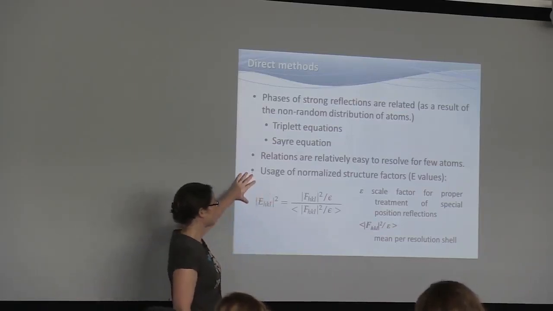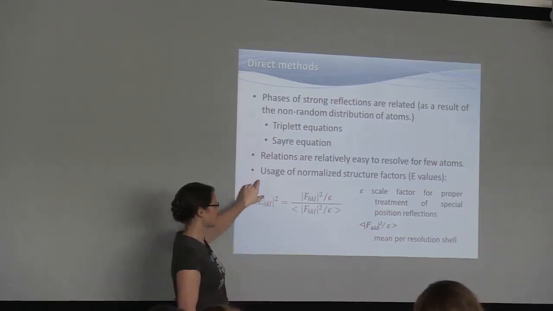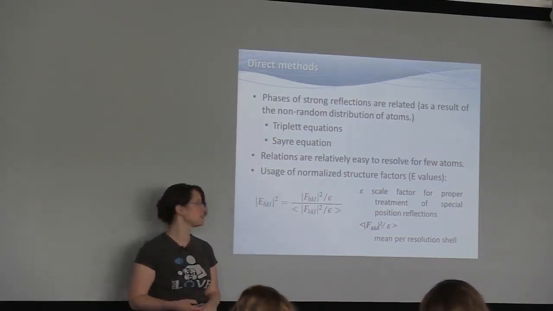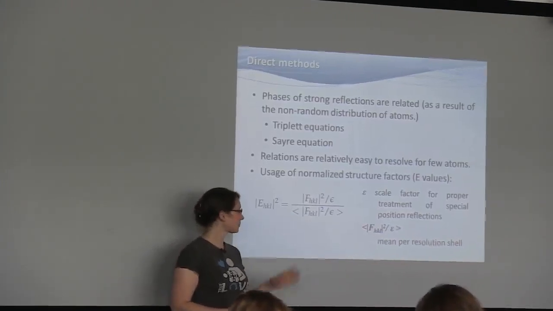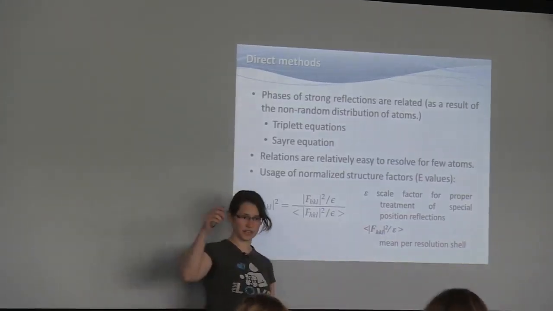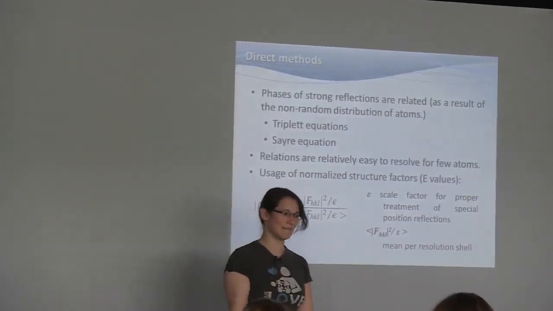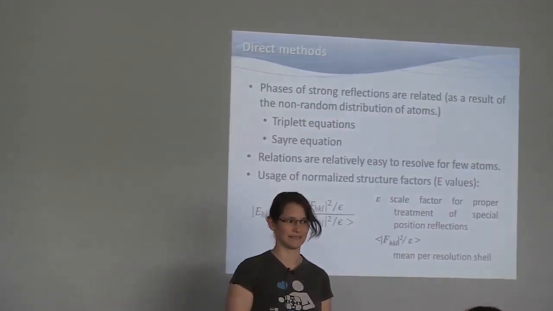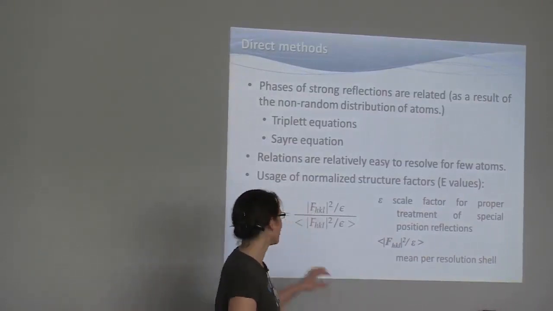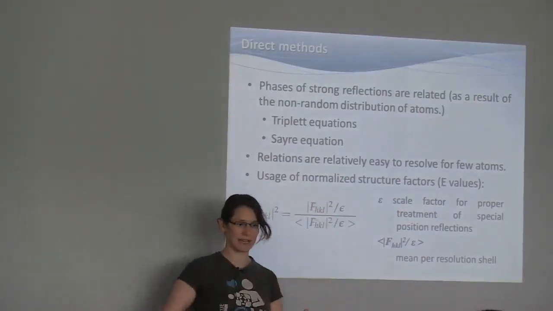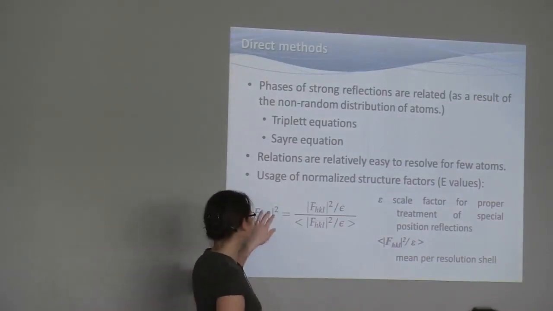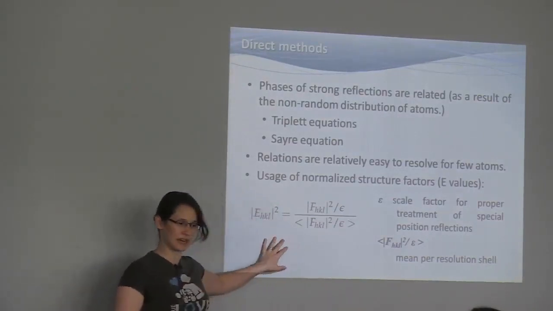And another thing that's very important to the substructure search is the usage of normalized structure factors, so-called E-values. E-values are the structure factor amplitudes divided by the average structure factor amplitude in that resolution, basically. So if this refers to a structure that has atoms that can move and that have a B factor, this should refer to point scatterer atoms.